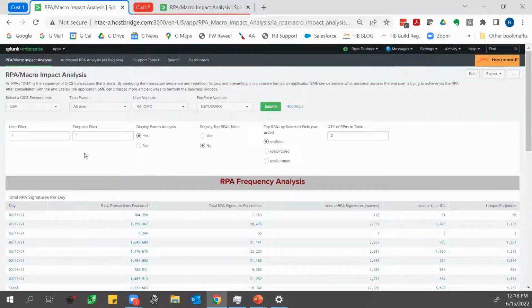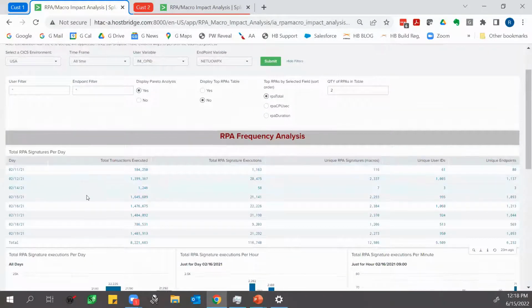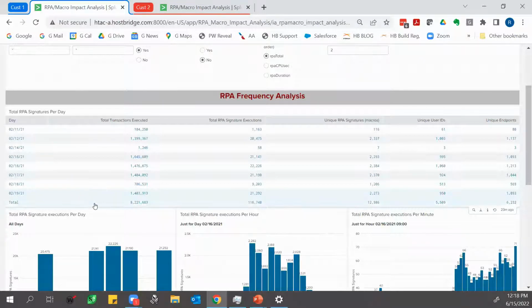In some organizations, for example, the two I'm going to show you right here, it's a killer. Others, maybe it's just a nuisance. But what we're doing here is, and I'll scroll down now, looking at some data that came from a customer, and we are looking at their RPA, or macro activity.